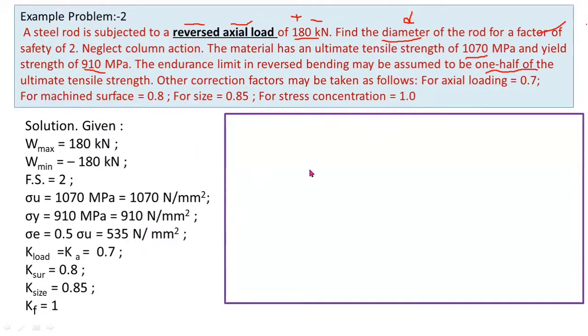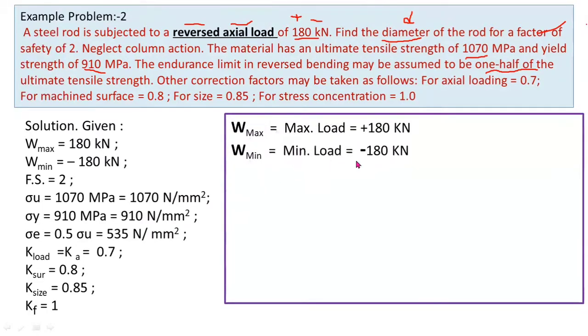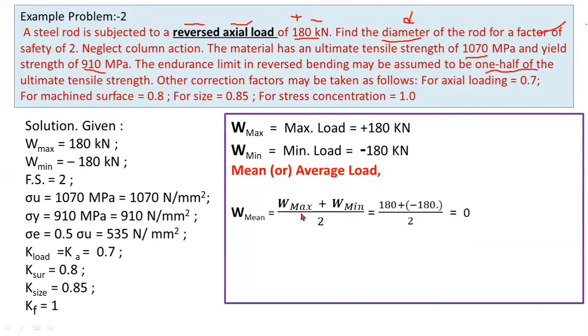Now, by using maximum load and minimum load, you have to determine the value of mean and variable loads. Here maximum load equal to plus 180, minimum load equal to minus 180. Then mean or average load, W mean, equal to maximum load plus minimum load by 2. Here the value of mean load equal to 0, because this one is plus 180 and this one is minus 180.